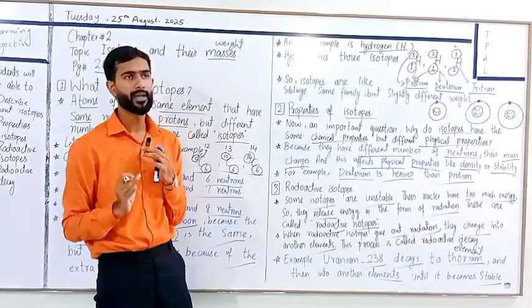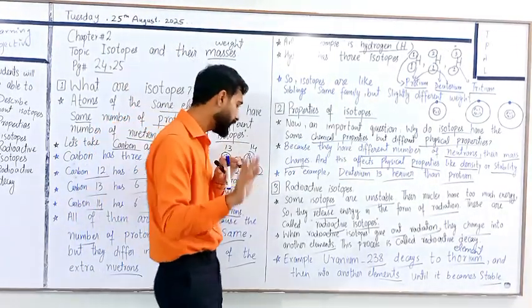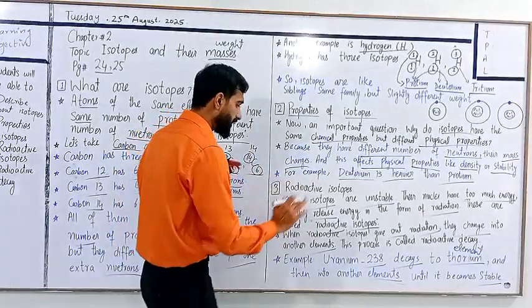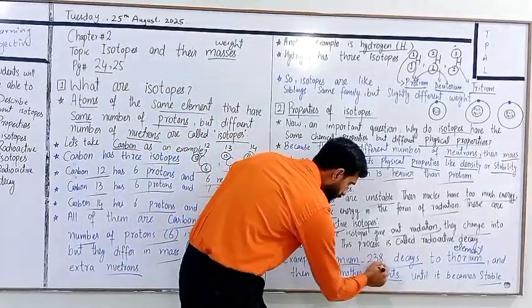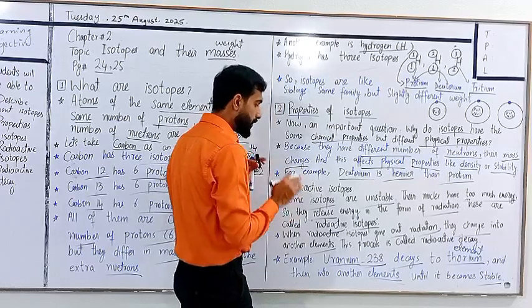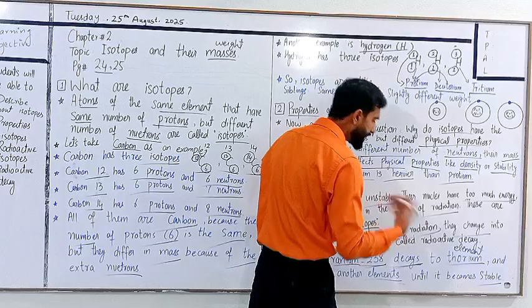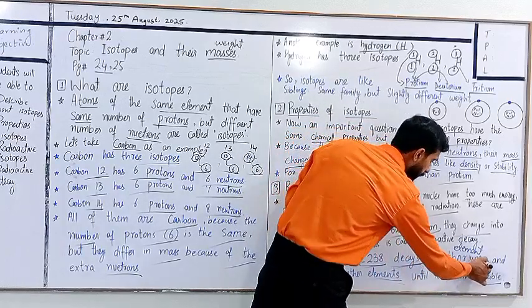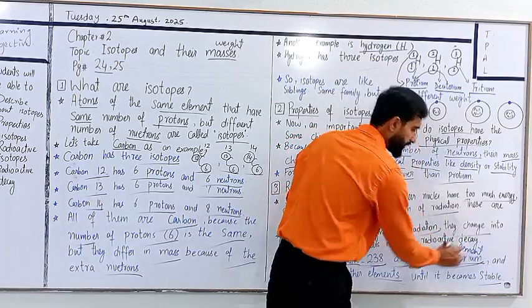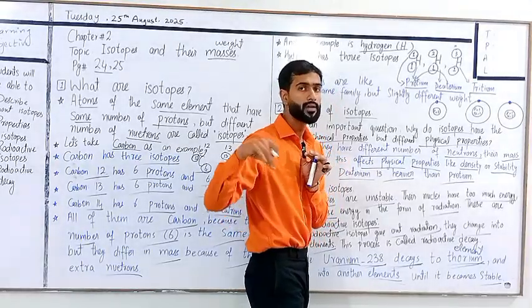For better clarification and understanding, we will understand with the help of an example. We are using uranium-238. When uranium-238 decays, breaks or splits, it forms thorium. They convert into thorium, which is another element.